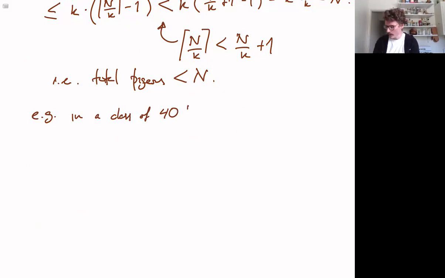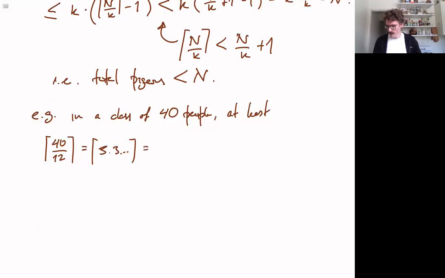In the class of 40 people, there must be a group of at least the ceiling of 40 over 12. So what is 40 over 12? It is 3.3 repeating. So the ceiling is 4. There must be a group of at least 4 people with the same birth month.